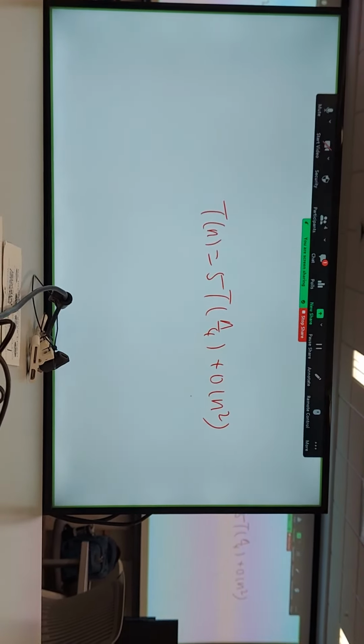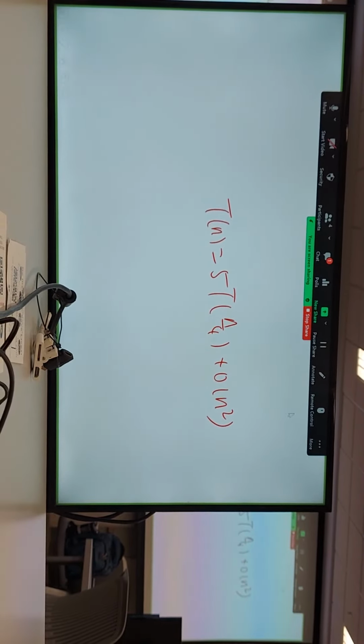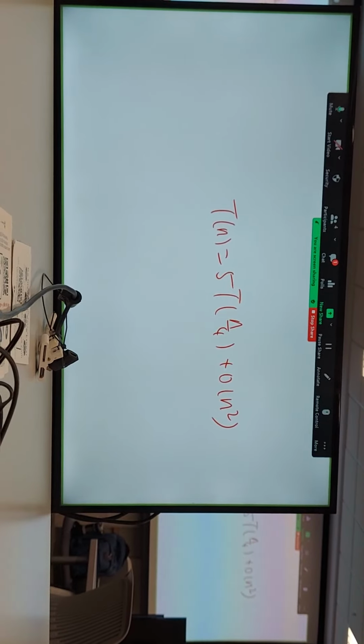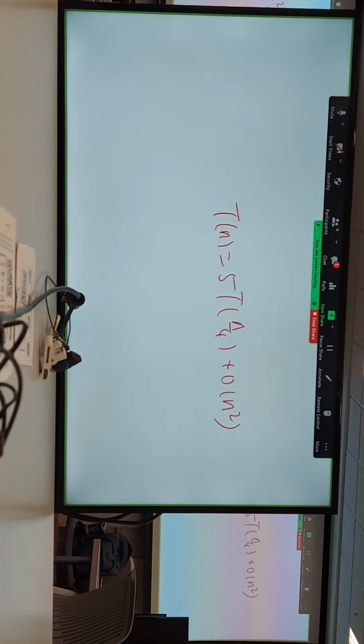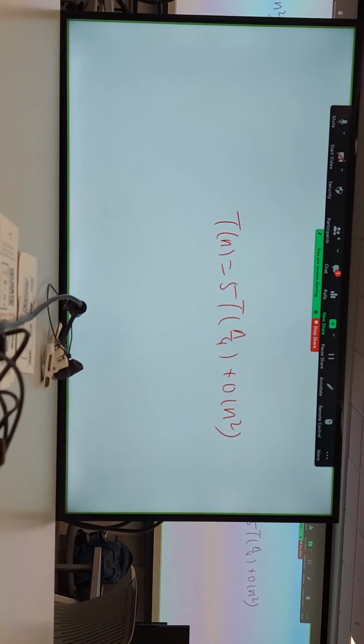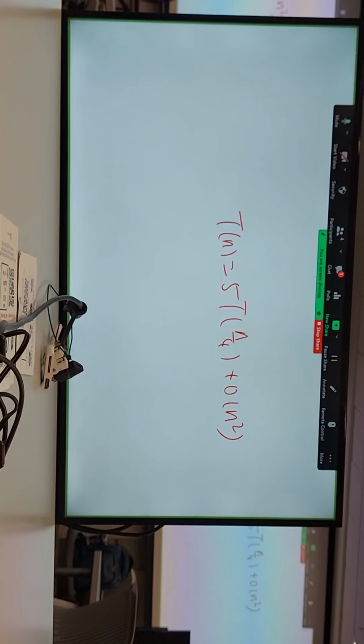I won't ask those questions because I think it's not matching our learning goal. I'll be giving you one potential scenario, and then you will have to find the recursive growth function by yourself and solve it. So it will be more like the midterm.